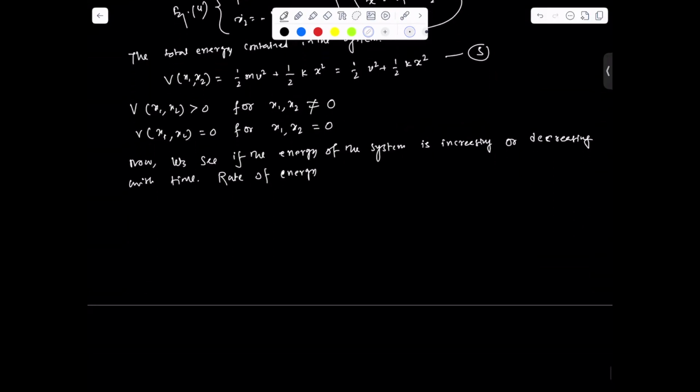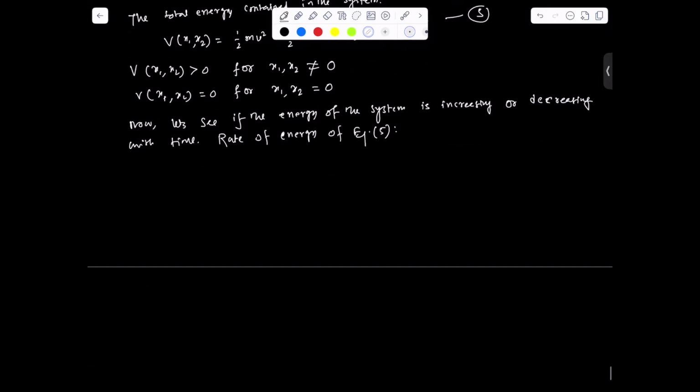And rate of energy of equation 5, we can write dV/dt equals ∂V/∂x1 times dx1/dt plus ∂V/∂x2 times dx2/dt.